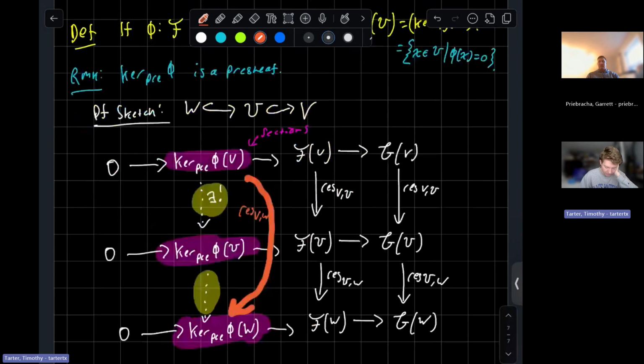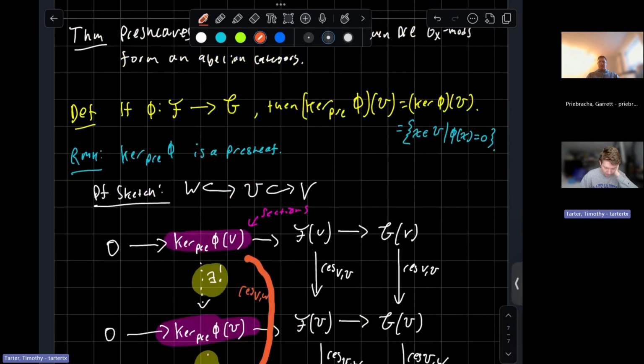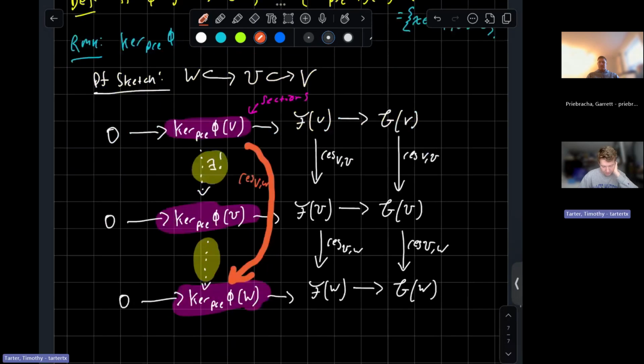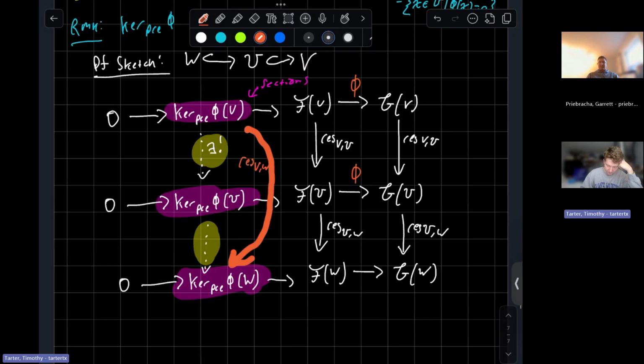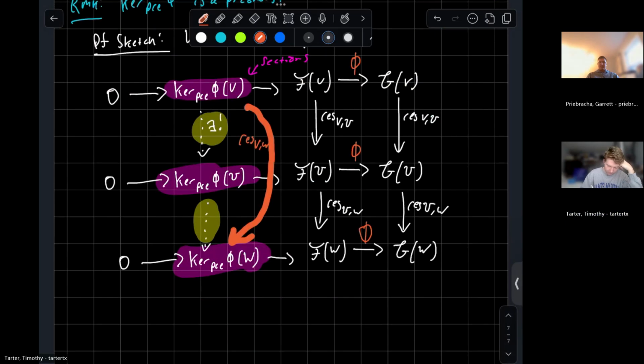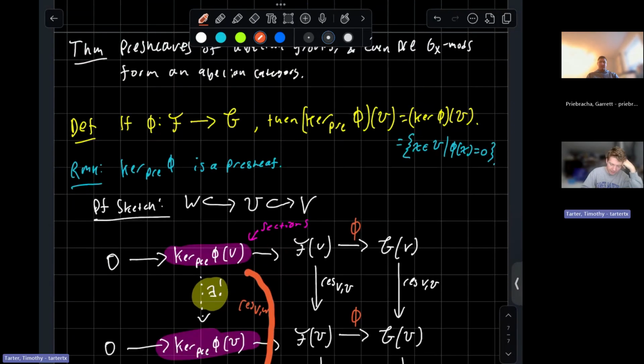Then the kernel is the set of things in U which go to 0 from phi. And so phi is from F to G. And so really it's not X in U, it's X in F of U. And that was a key distinction that I did not make.